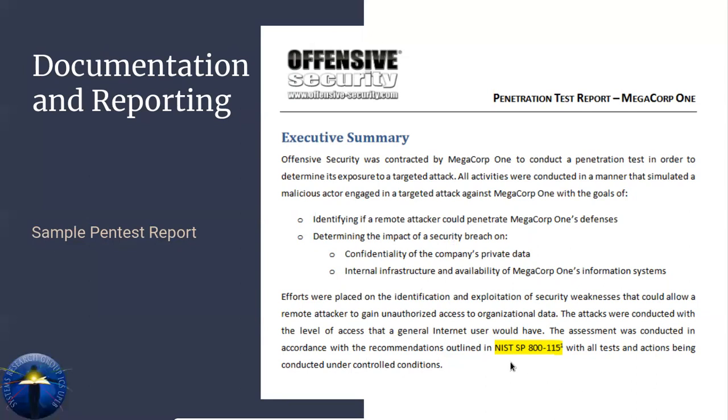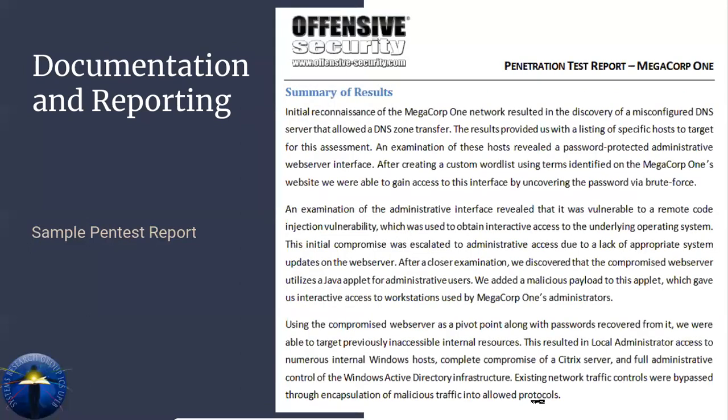So they can highlight in this executive summary what methodology they used. In the case of this hypothetical pen test report, they used the NIST SP 800-115 standard. Right? Now, after the executive summary, we also have a summary of results.